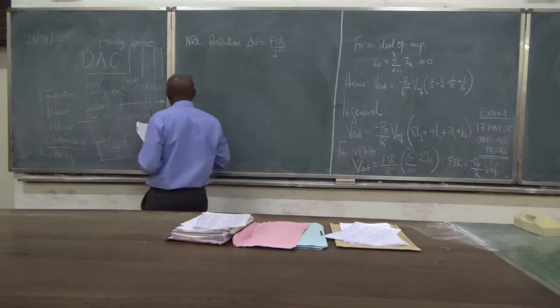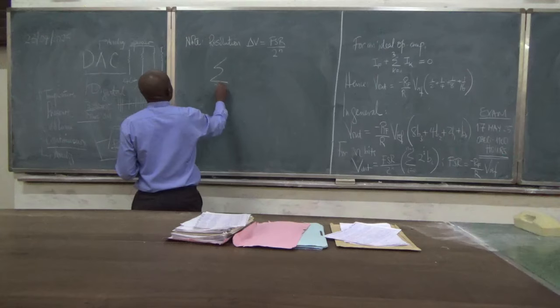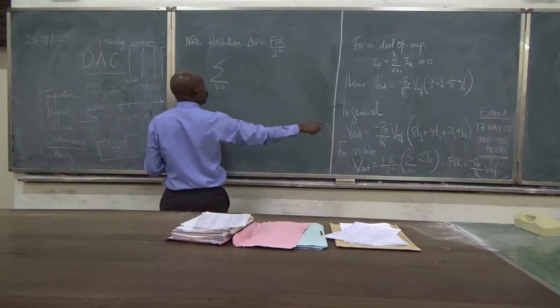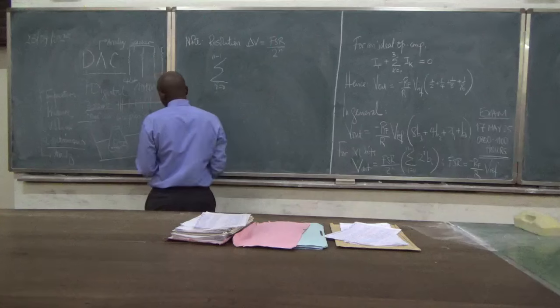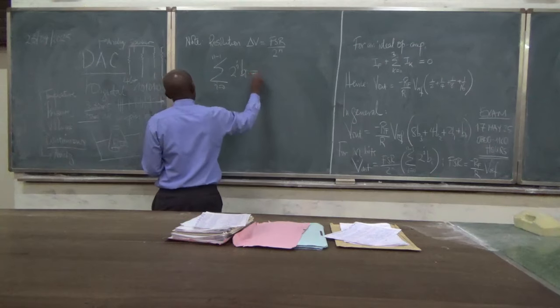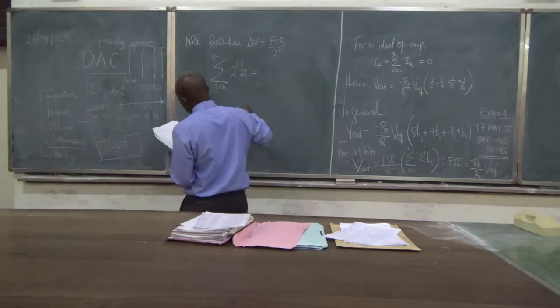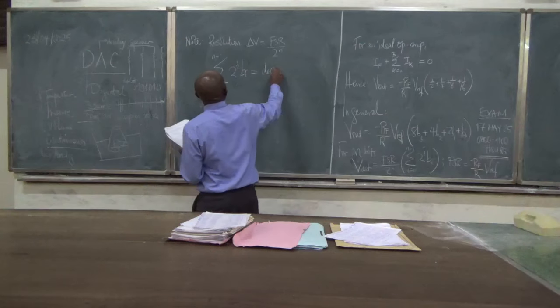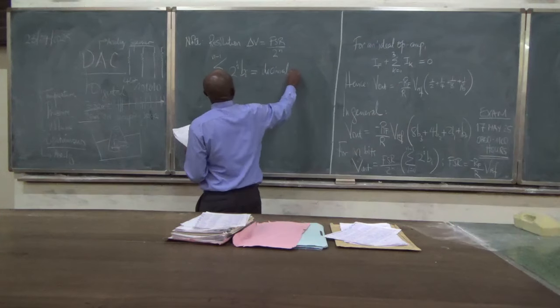And the summation from I equal to 0 to n minus 1 of b_i times 2 to the power I would be the same as the eventual decimal number that we will get.